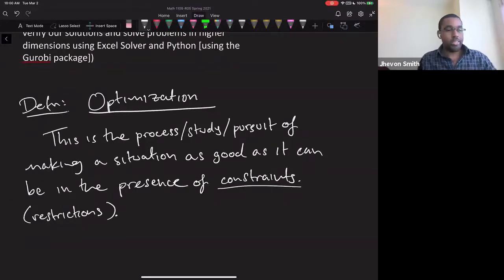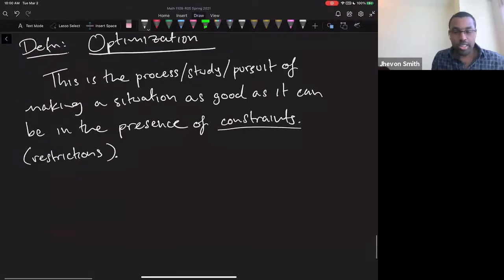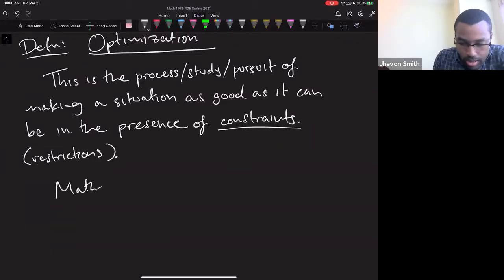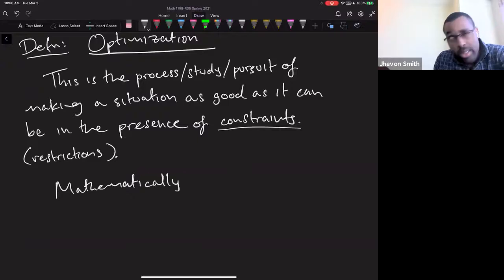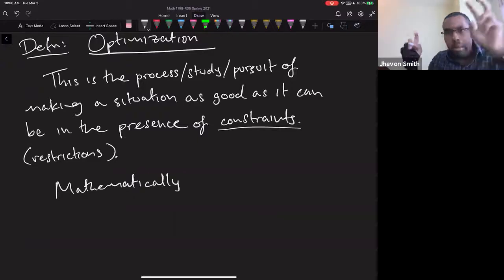It's called optimization. Now, here's the thing about optimization. Mathematically, it often turns out to be a very simple, quote unquote, idea.